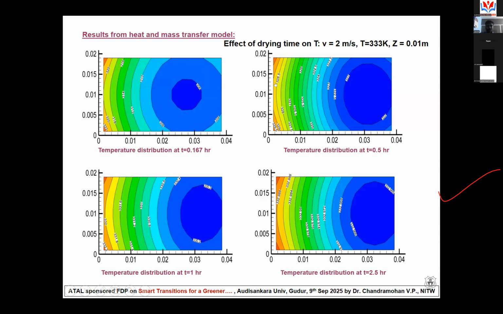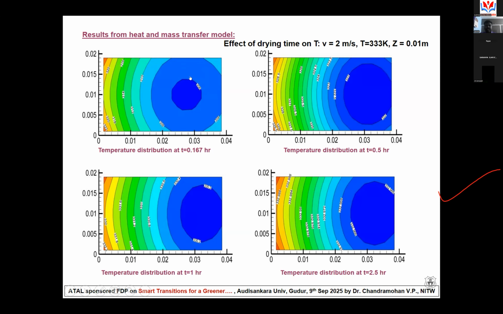It increases to 328 Kelvin at 30 minutes, 332 Kelvin at 1 hour, and 333 Kelvin at 2.5 hours, at the surface facing the inlet. But at the other edge, the temperature is less. That's true because we are sending the air in from one side, so the other side will not be heated that much.